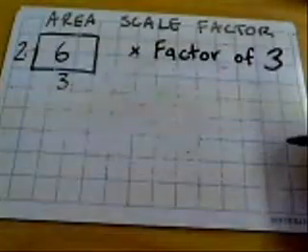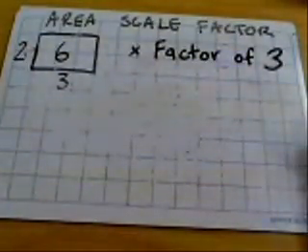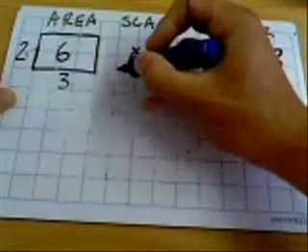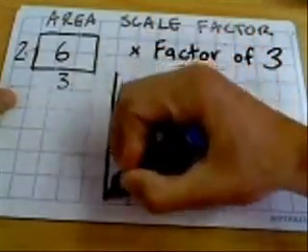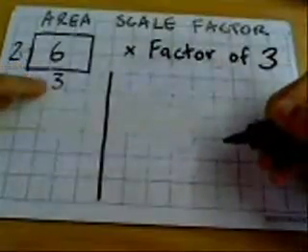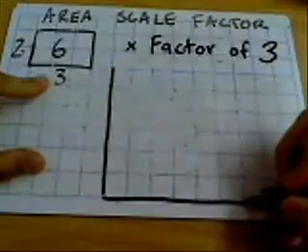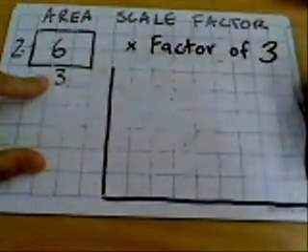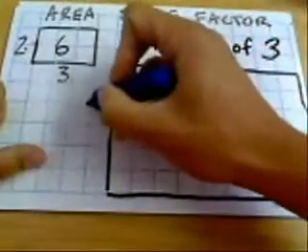Okay, now if we want to increase by a factor of 3, we do the same thing for the sides, multiply them by 3, so 2 times 3 will be 6, 2, 4, 6, and 3 times 3 will be 9, so 3, 6, 9. So there's my new rectangle.